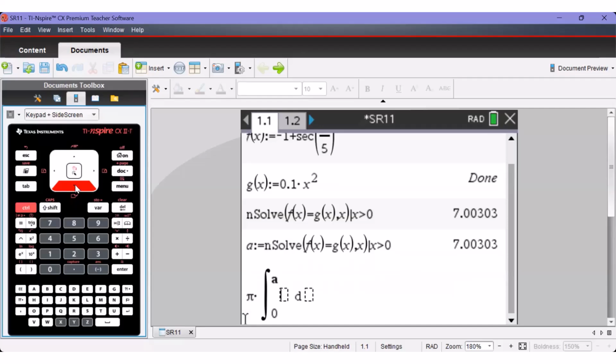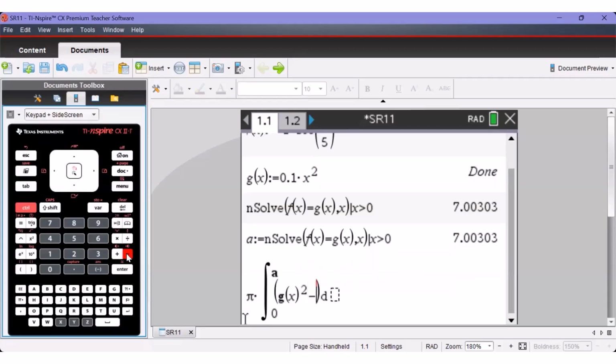So we just need to enter this carefully, and it's easier to enter with those functions assigned as f of x and g of x respectively. So let's first of all type in g open bracket x, then navigation pad to the right and press the x squared button, then subtract f open bracket x, then navigation pad to the right and press the x squared button.